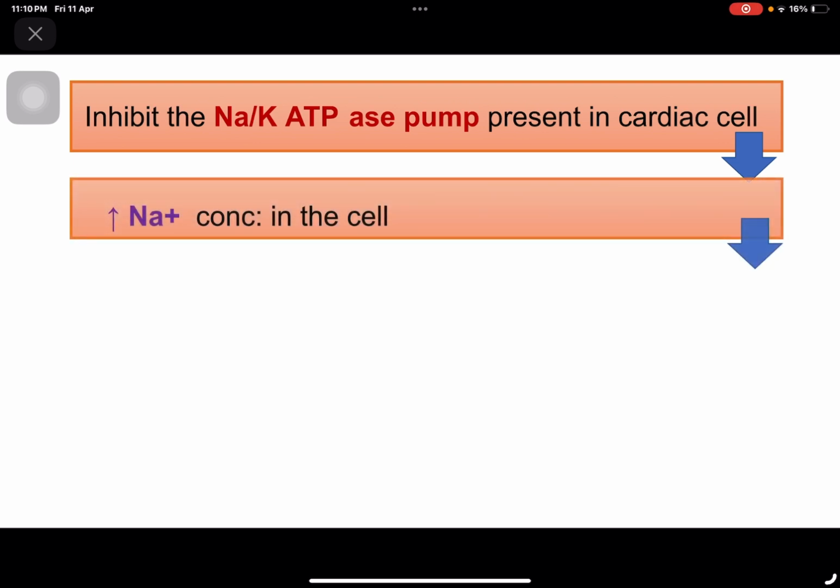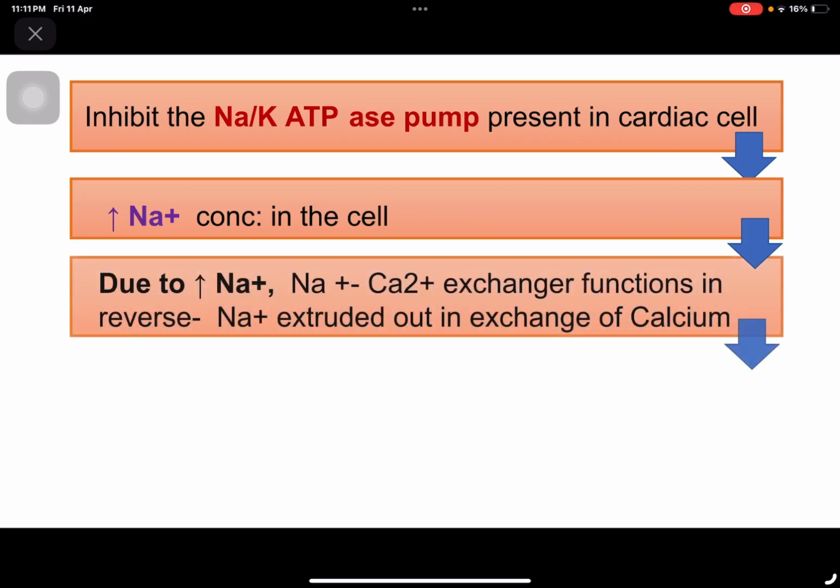As a result, the concentration of sodium in the cell increases, and due to the increased sodium levels, the sodium calcium exchange function, which is a normal function, gets reversed.